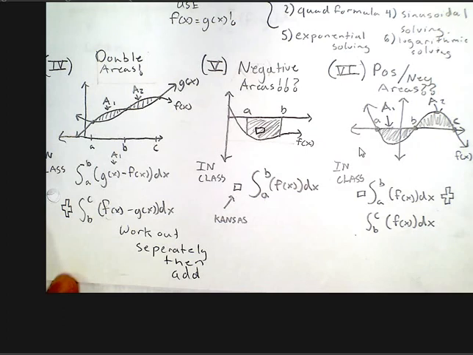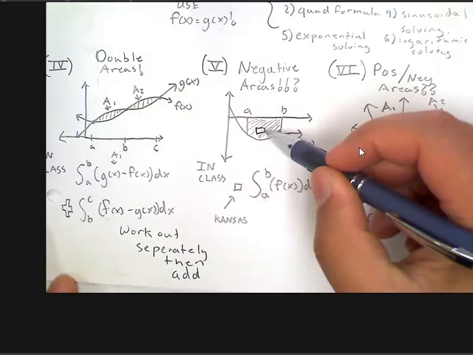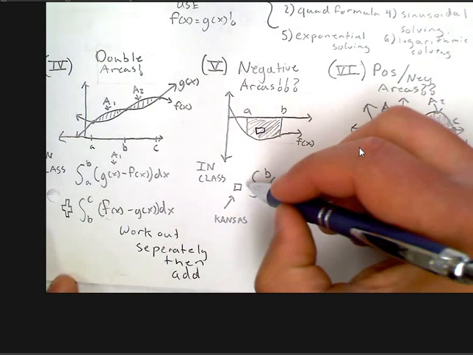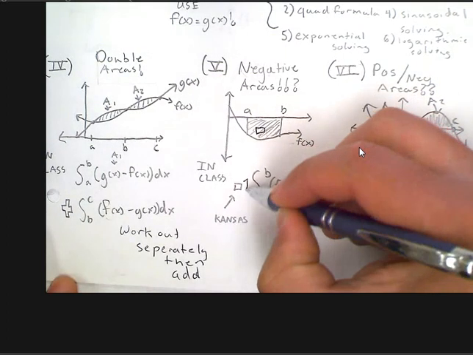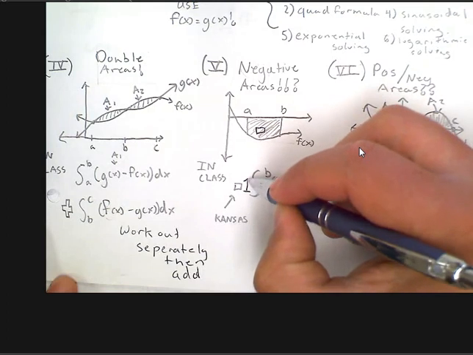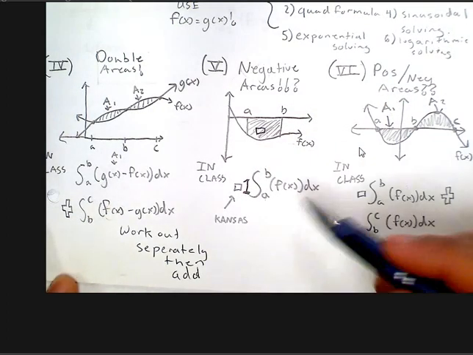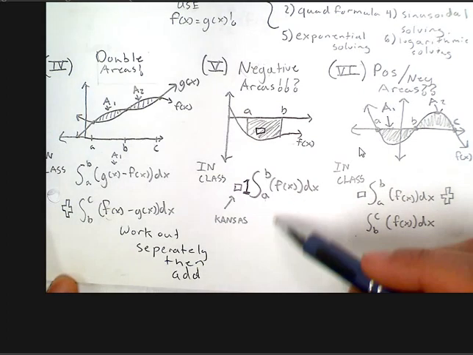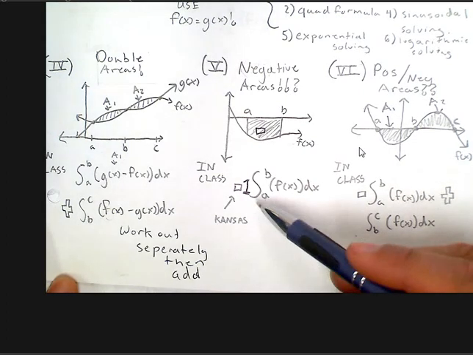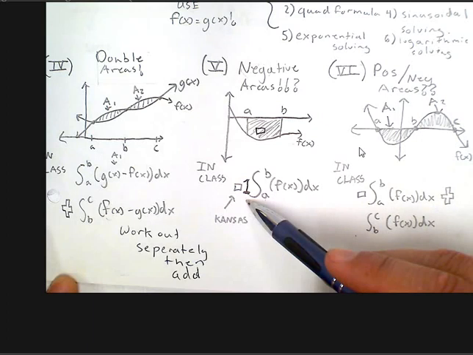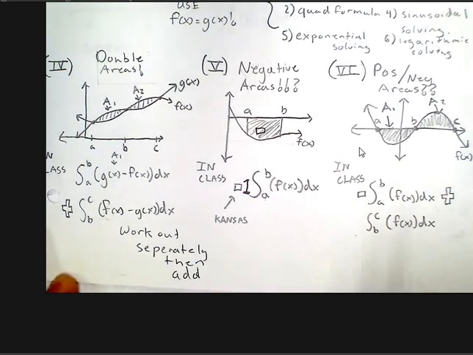So you need to anticipate that this is negative and multiply your integral by -1. But you're going to work the entire integral out as one problem, and then take the final answer and multiply it by -1 in order to make it positive.